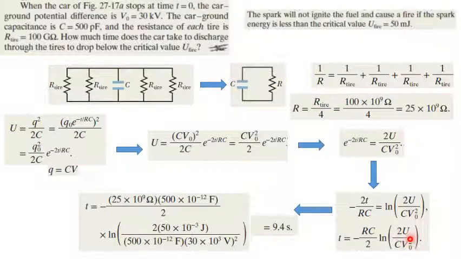Now we want U to be at maximum, sorry, we need U maximum 50 millijoule. So this is the energy, and C is the capacitance, V naught is the initial voltage, and R and C. R is the equivalent resistance of the four tires, and C is 500 picofarad.